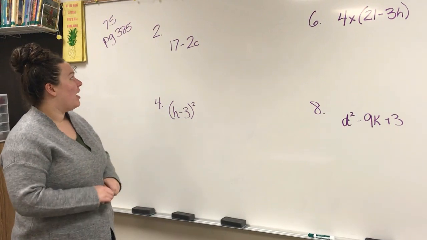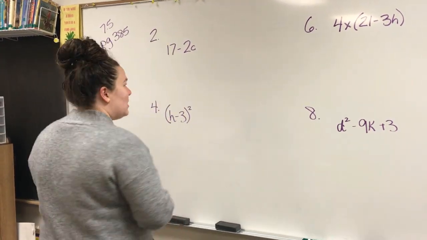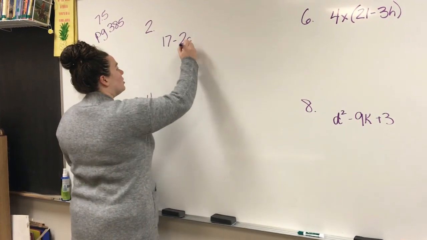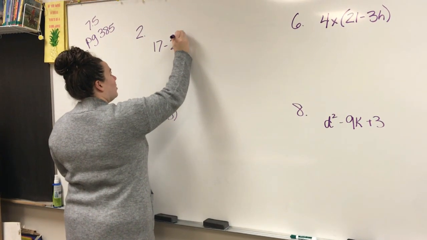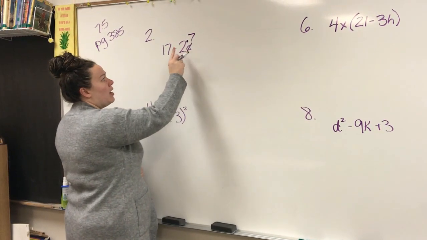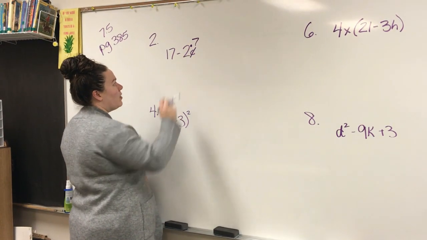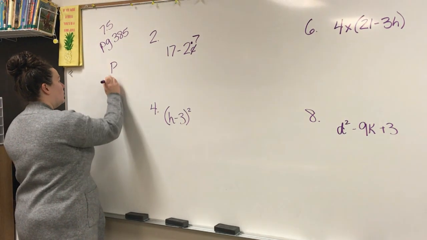On problem number 2 in your book, it says that C is going to be equal to 7. So we get to cross out this C, and we now get to put times 7, because any time a number is touching a letter, that means multiply. So now we have to do order of operations, which is PEMDAS.